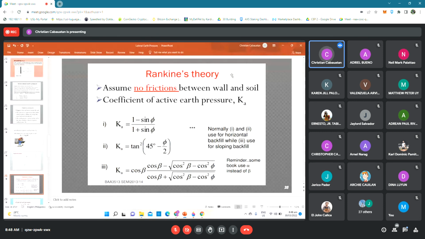So as you can see, the difference between the numerator and the denominator is just the sign convention. For the active, the numerator would be negative and the denominator would be a plus sign. So that is the theory for active.